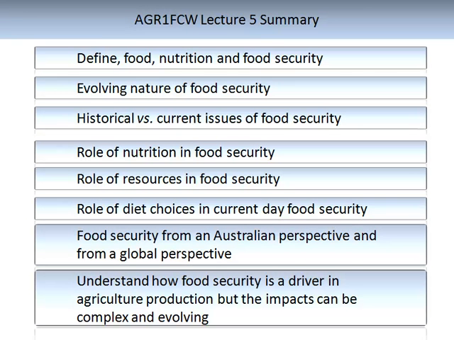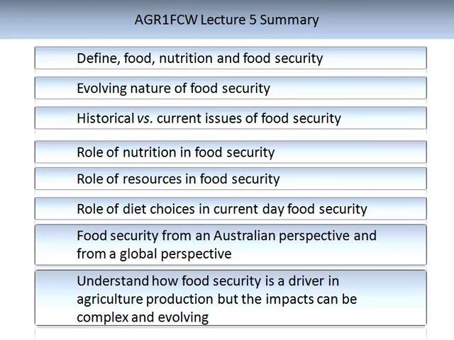So, after listening to this lecture, you should be able to understand or do the following. Define food, nutrition, and food security. Understand that food security has an evolving nature. Be able to give some examples of historical food security issues versus modern-day security issues.